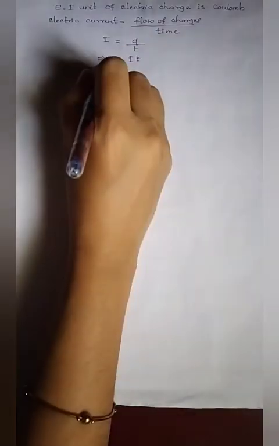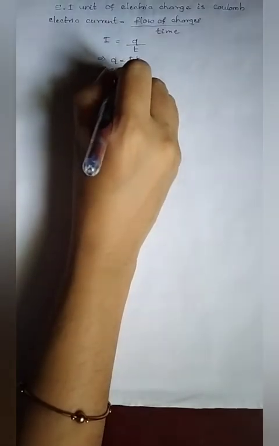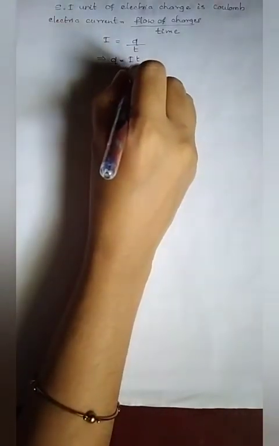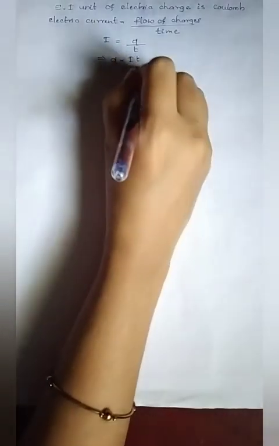Now we have to define 1 coulomb. For that we have to consider that if the charge is 1 coulomb, then the current will be 1 ampere and the time will be 1 second.